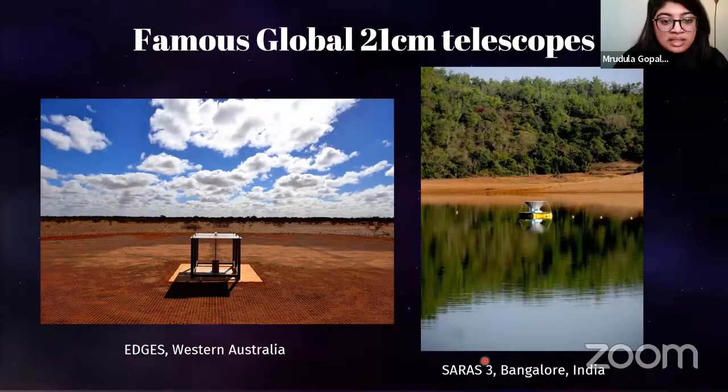And SARAS-3 is an Indian global 21 centimeter instrument that is making news now. They tried to validate the signal detection by EDGES, and according to them, that signal doesn't exist. It is due to instrumentation systematics.